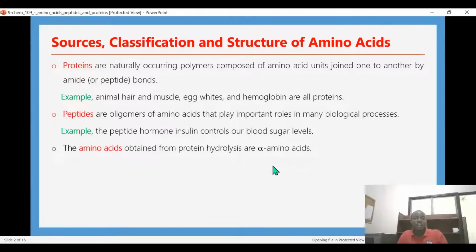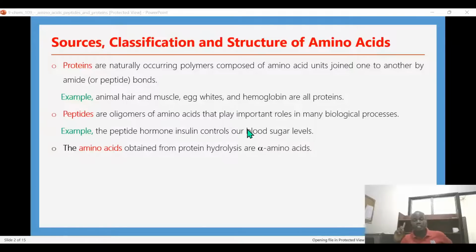Amino acids are often obtained from the hydrolysis of protein. If you want to get amino acids, how do we get them? Through hydrolysis of the protein. You break down the proteins using water molecules, and that is hydrolysis: hydro means water, so hydrolysis means breaking down proteins with the addition of water.